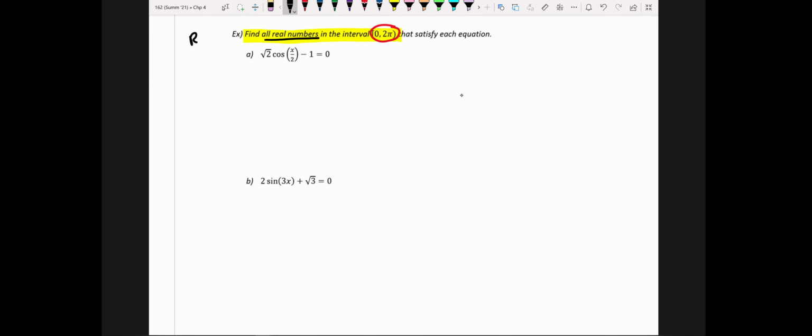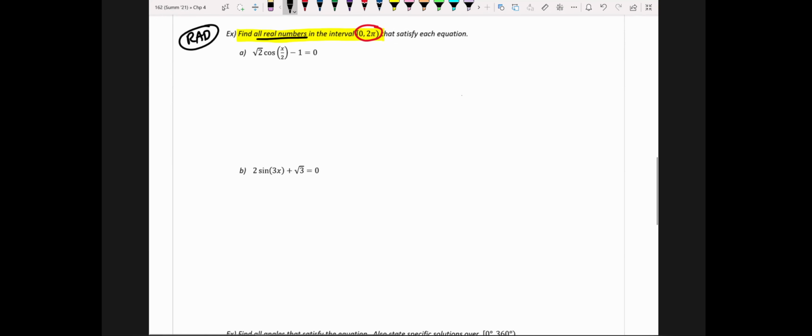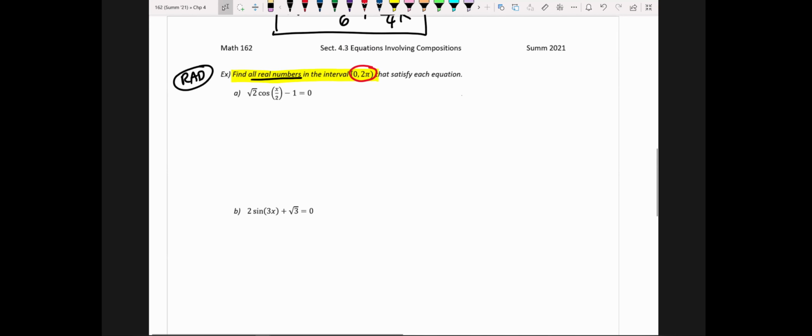We're still in radians. Those are observations we want to make before we start the problem. So we know whether we're working in degrees or radians and whether we are finding all solutions or specified solutions.